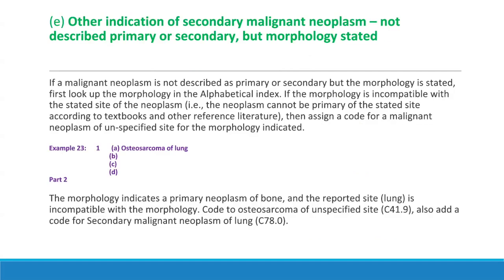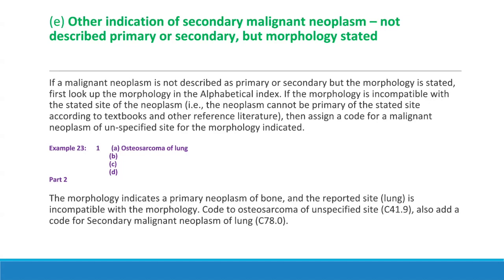This slide addresses the coding of malignant neoplasm when stated morphology does not match the anatomical site of the neoplasm and is not specifically described as primary or secondary. When the morphology is indicated, such as osteosarcoma of lung, typically originates from a different site, bone, than the one reported, that is lung, coders are instructed to use a code for a malignant neoplasm of unspecified site that matches the morphology.